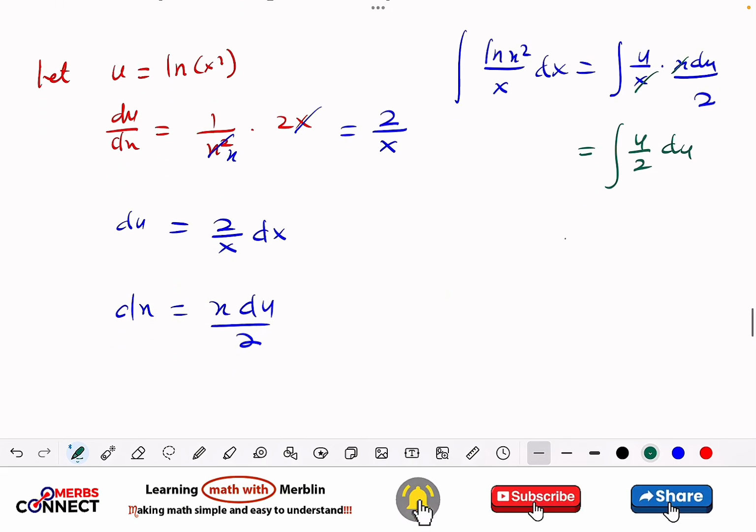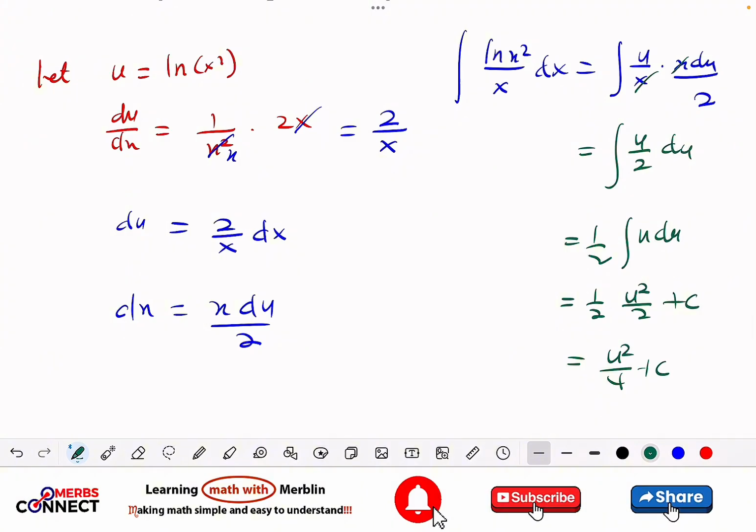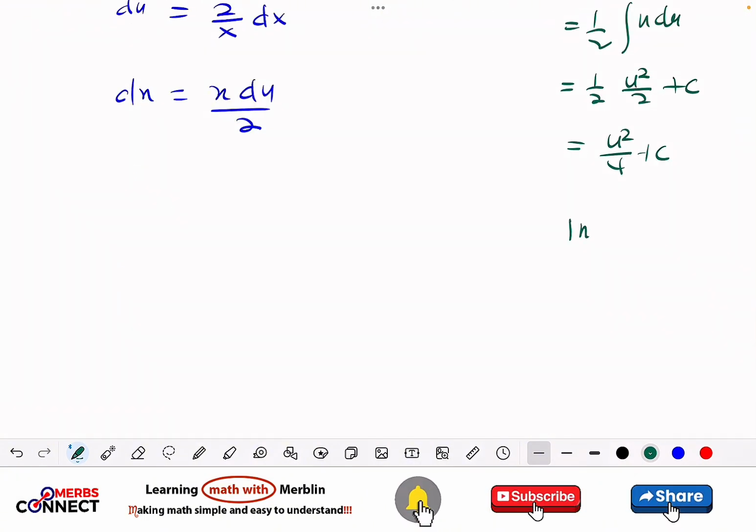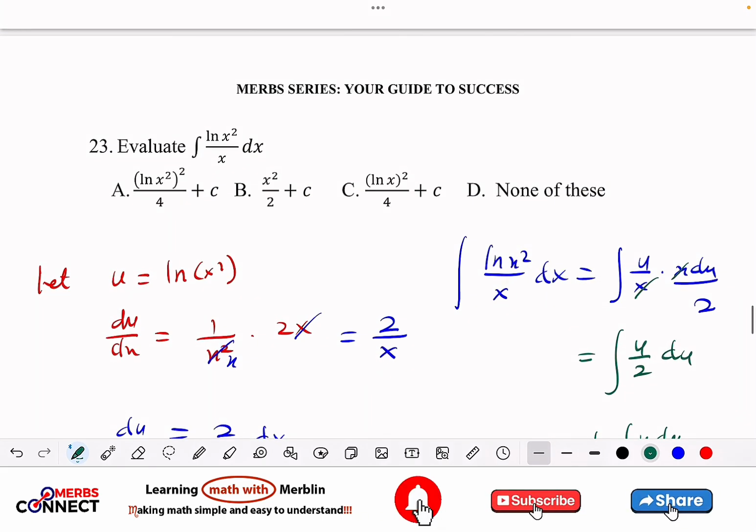I can factor 1 over 2 out and have u du. This is 1 over 2 times u squared divided by 2 plus c. This is u squared divided by 4 plus c. U is the natural log of x squared. So I'm going to have natural log of x squared, all squared, divided by 4 plus c. So that's what I'm going to get, and I have it right here.